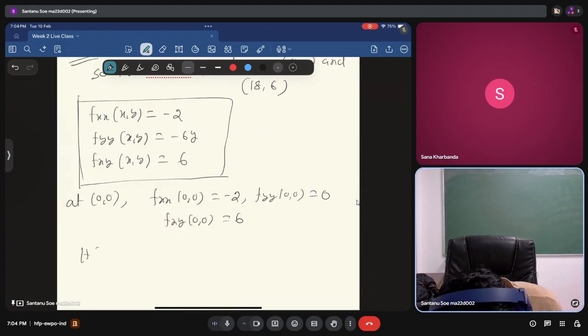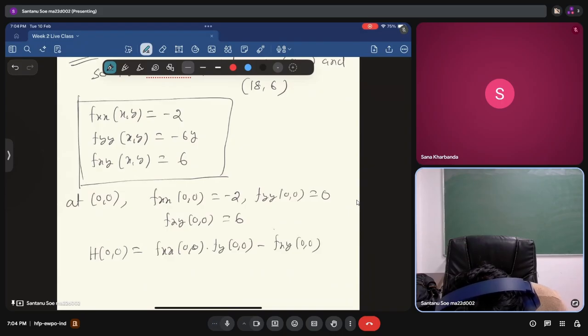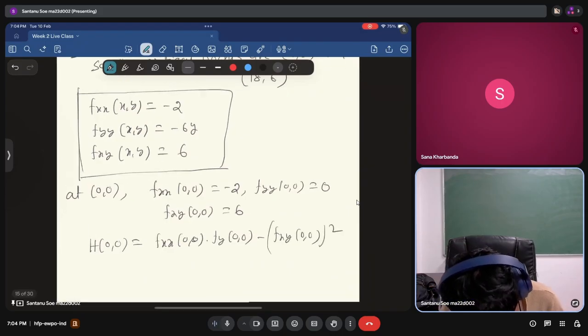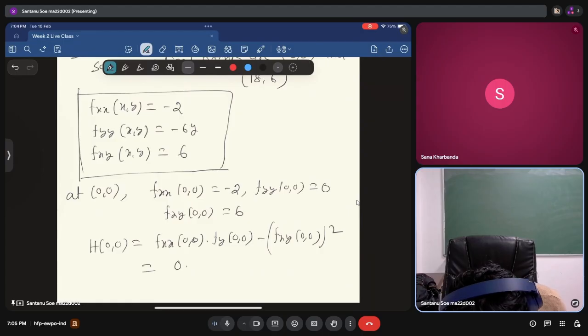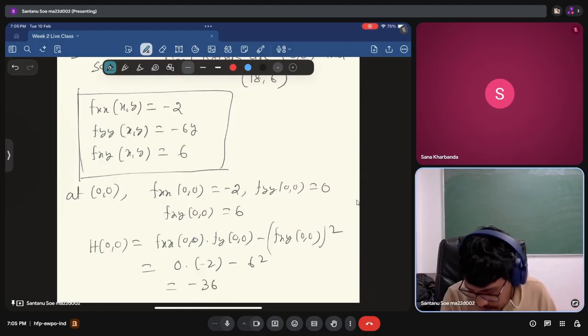So the Hessian evaluated at (0, 0) will be fxx(0, 0) into fyy(0, 0) minus fxy(0, 0) square. So this is gonna be 0 times minus 2 minus 6 square. So this will be minus 36.